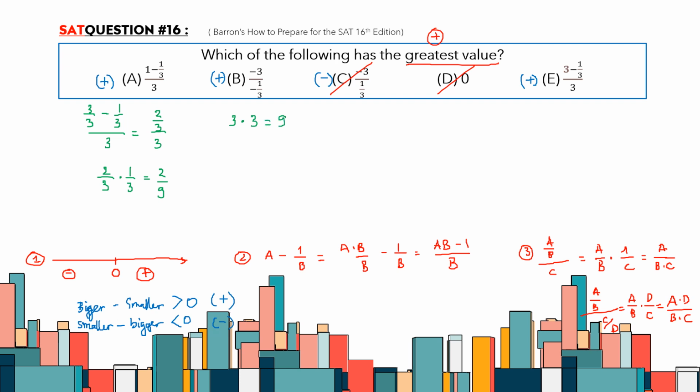For E, we have 3 multiplied by 3 over 3 minus 1/3, all over 3. So this one will be 9 over 3 subtract 1/3, that equals 8 over 3, over 3. So 8 over 3 divided by 3 is multiplied by 1/3, and that will be 8 over 9.